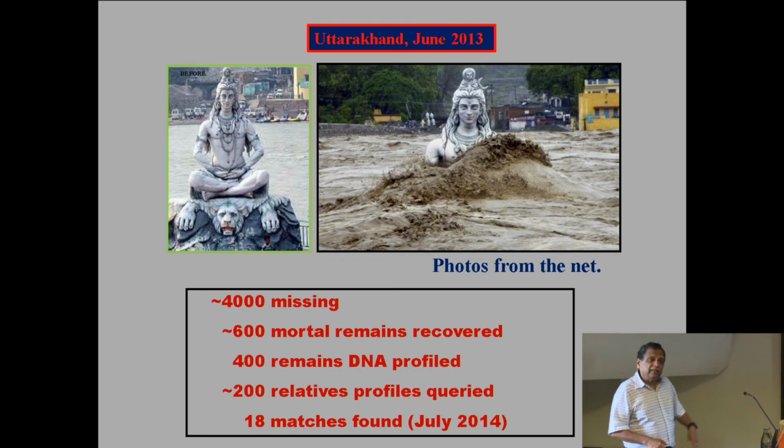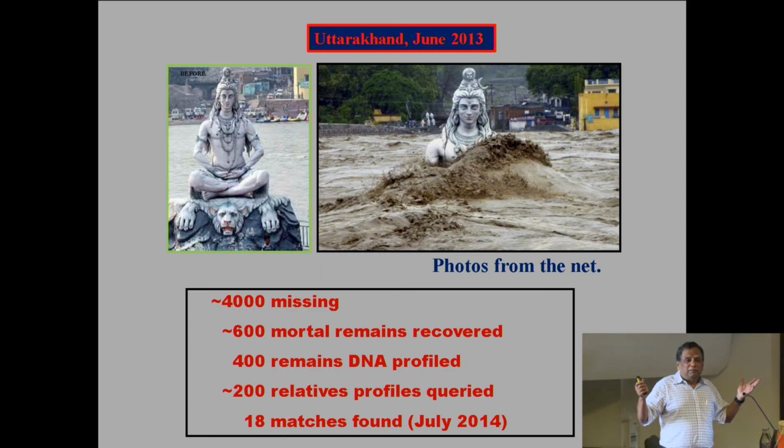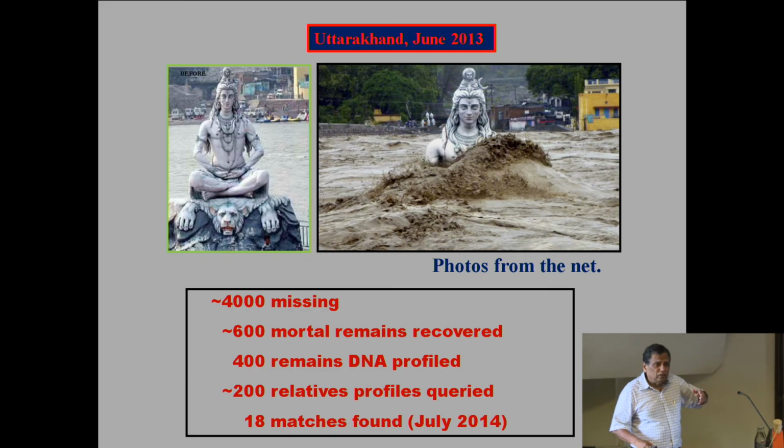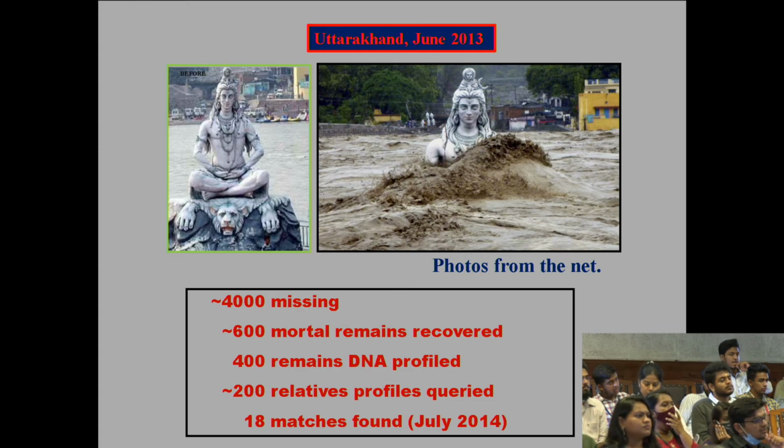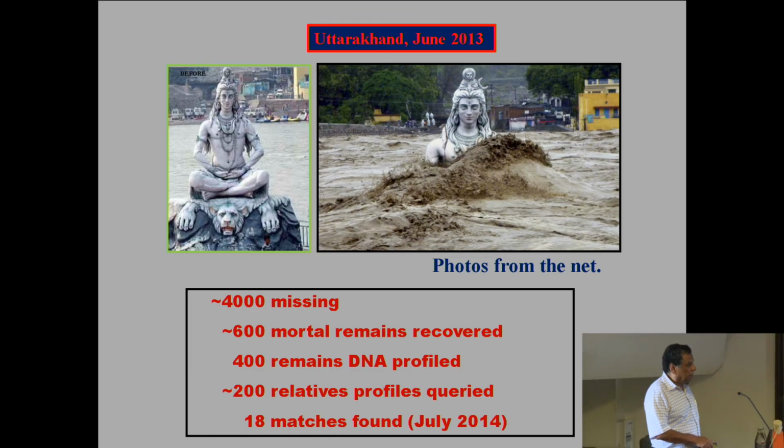But we had told them that these are people coming from all over India, and there'll be people from Karnataka and Telangana and so on, and you should find a way of getting them to send their DNA, of these 4,000 to 6,000 people, to CDFD. But we got only 200 relative samples, and we profiled those, and we found 18 matches as of July 2014.